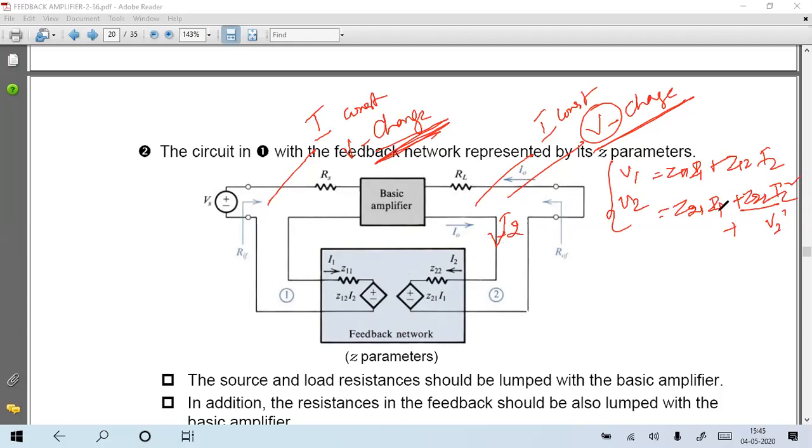Next, Z21 into I1 is V2 double dash. When you add V2 dash and V2 double dash, I will get V2. Same here, current is flowing, I2 current is entering into Z22. I am connecting Z22 in series with this path.